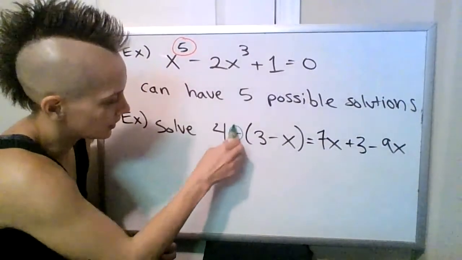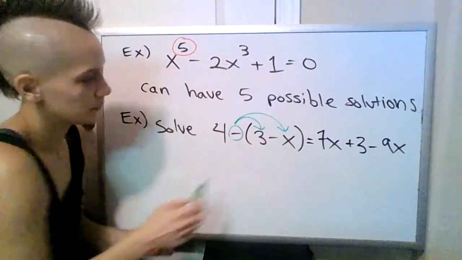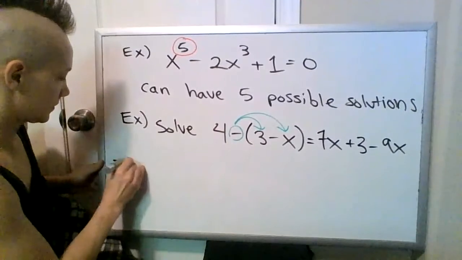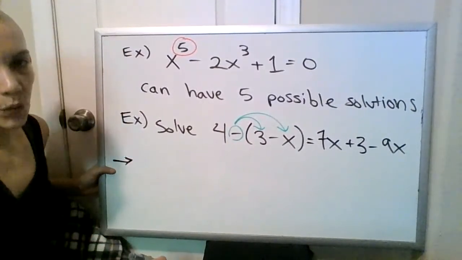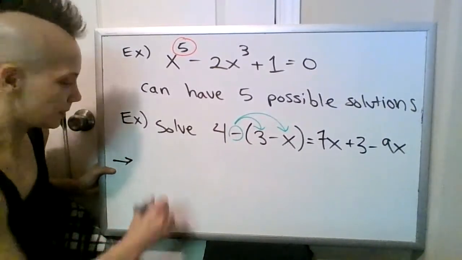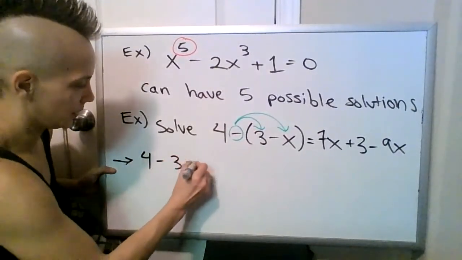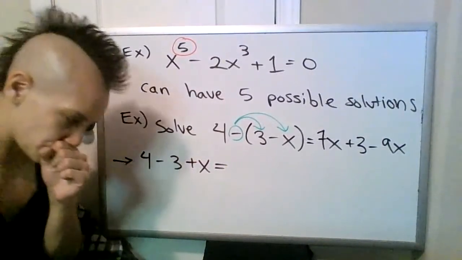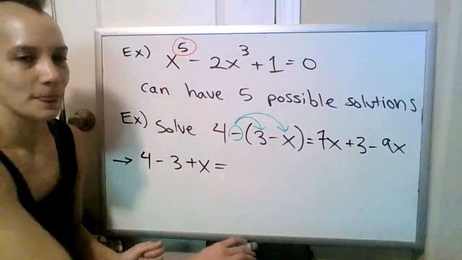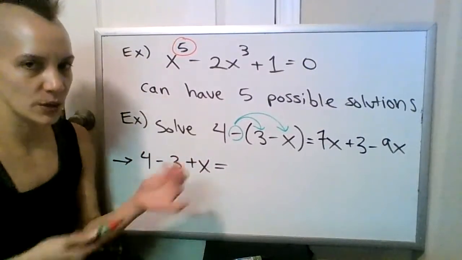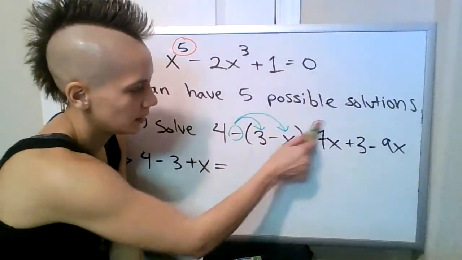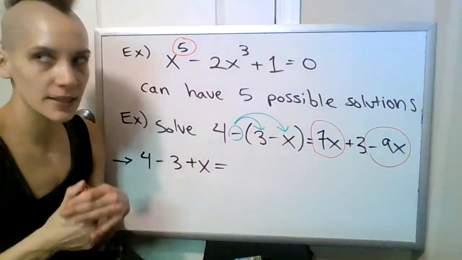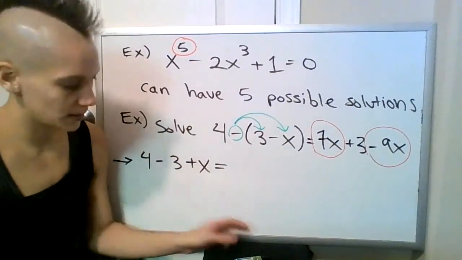It goes here and it multiplies over there. Where we have 4 minus 3 is x equal to. Go ahead and put those like terms together. So you have 2 terms with x's in them. This one and this one. 7x minus 9x is negative 2x.